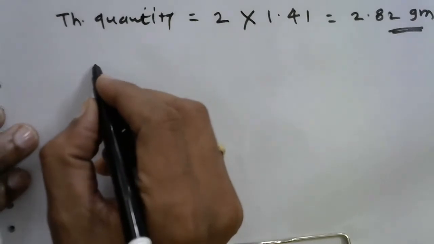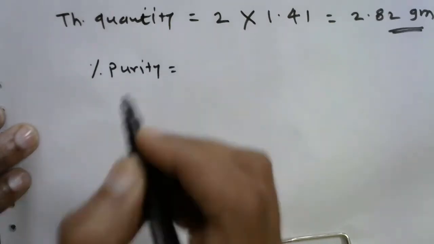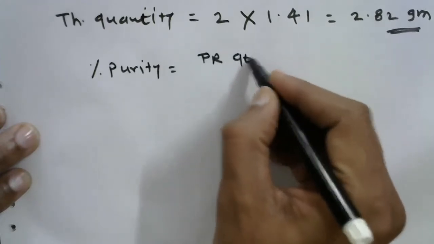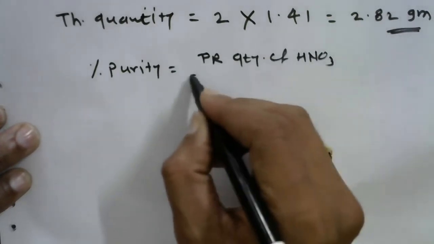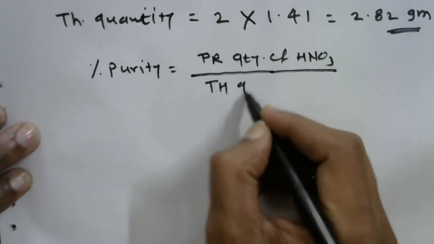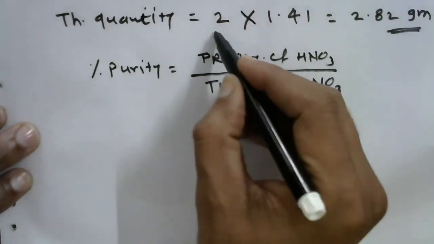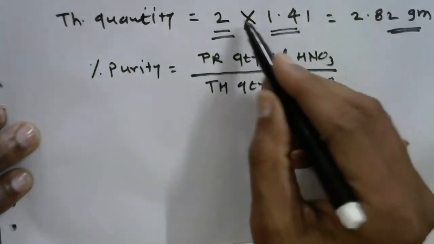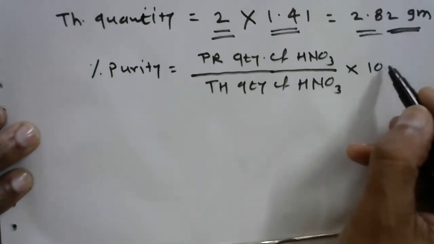So therefore, for calculation of percentage purity, we will compare the practical quantity of HNO3, which we have calculated from the experiment, and the theoretical quantity of HNO3, which we have calculated from the volume of HNO3 and the specific gravity, the multiplication of these two terms, that is 2.82, and multiplying it by 100.